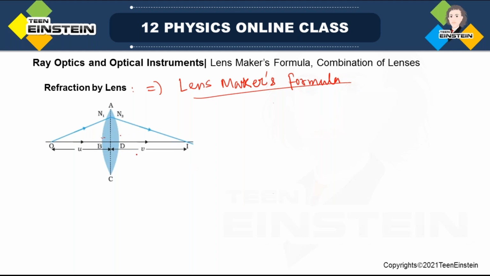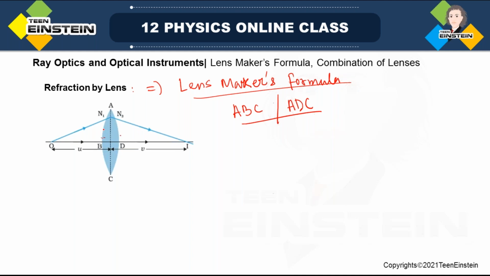When we have two spherical surfaces in a lens, obviously the approximation is thin lens. There are two spherical surfaces, A, B, C, and another one, A, D, C. These two spherical surfaces make a lens in combination.